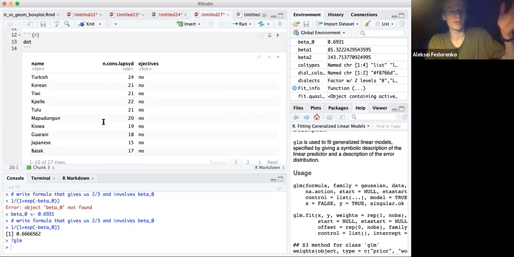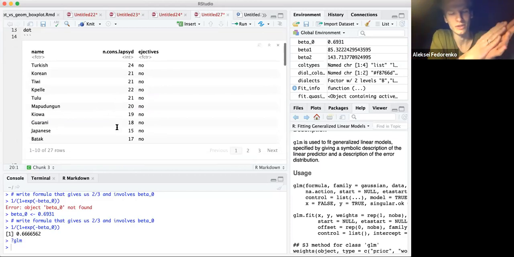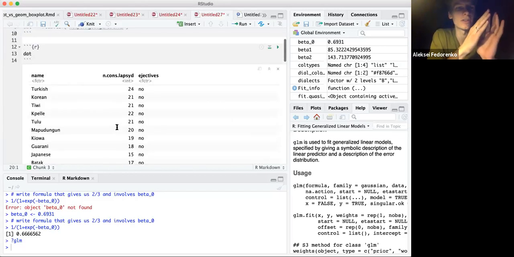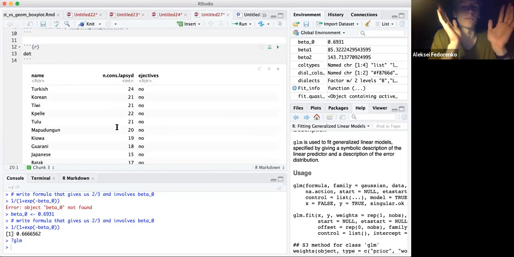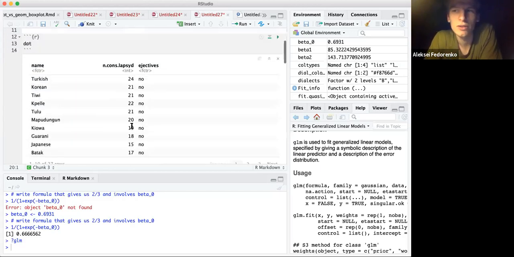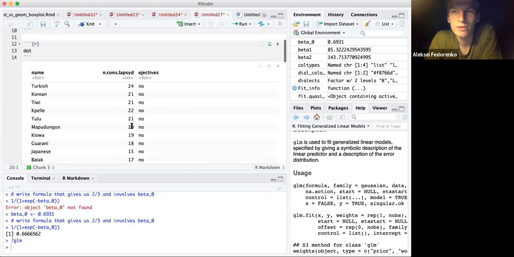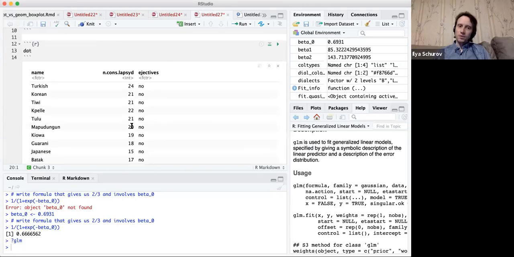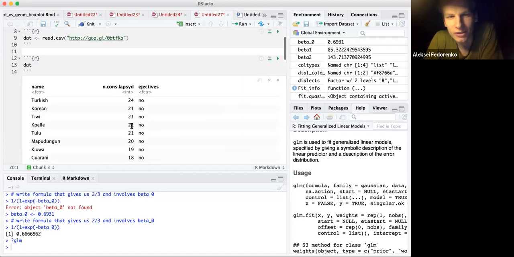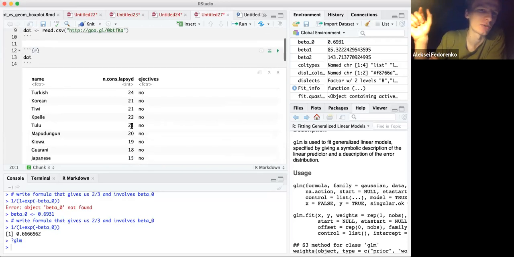I just got the length, so I just got the amount of languages with adjectives and divided it by the amount of all languages in the sample. Okay. How did you find the number of languages with adjectives? I wrote length of that, then chose.